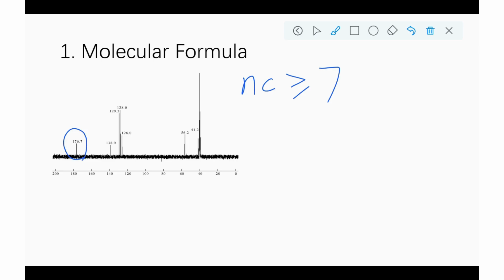And from this peak at about 180, this implies that we have a carbonyl group. And this region is the double bond or aromatic region.